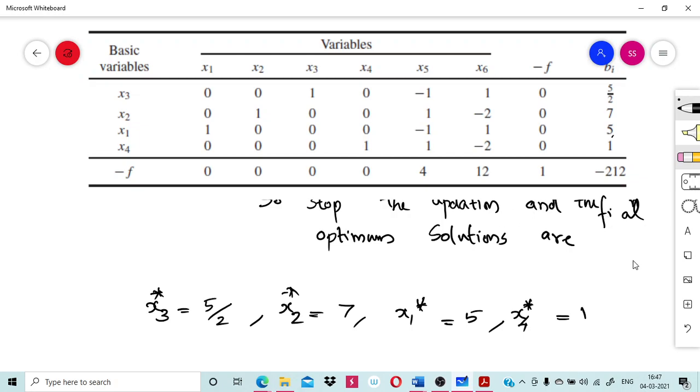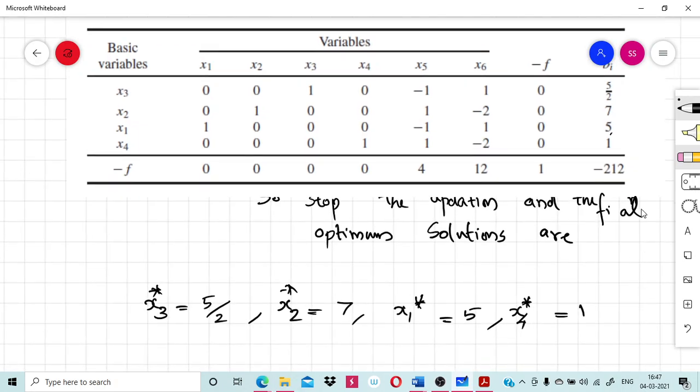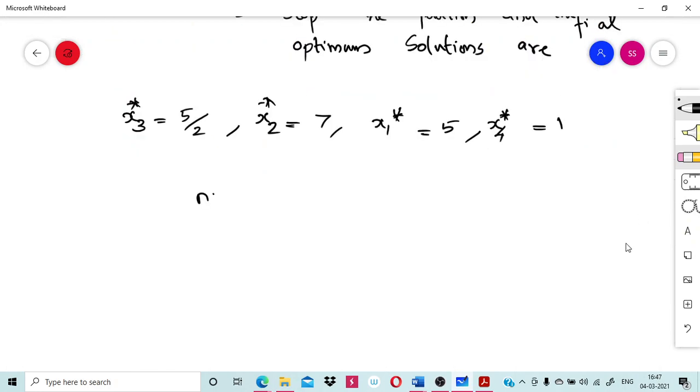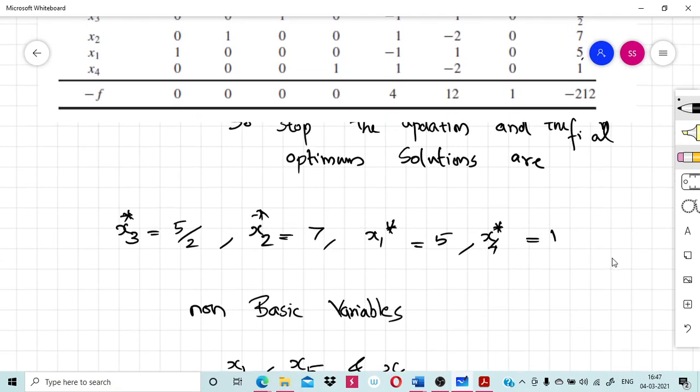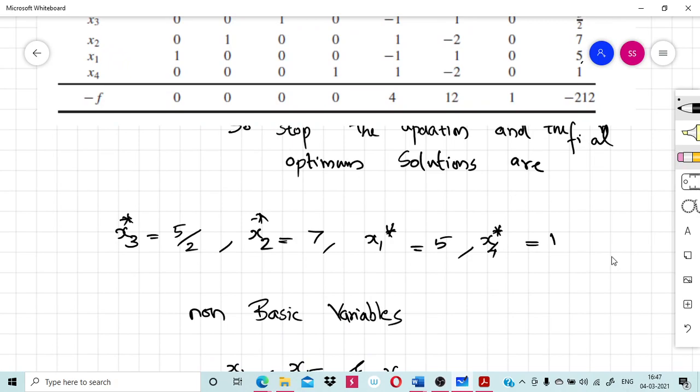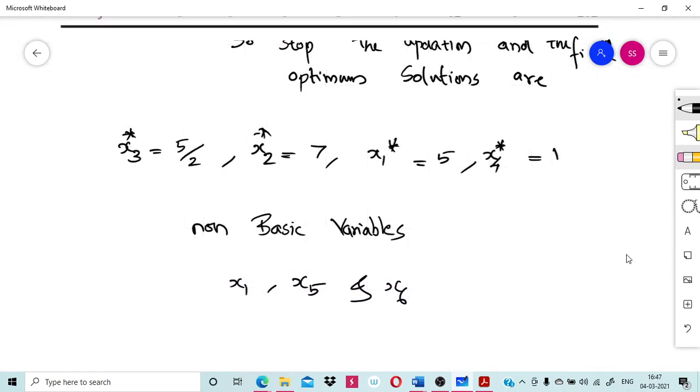So this is our solution, and all other non-basic variables. Actually x1 is 5, so that is a basic variable, not a non-basic variable.